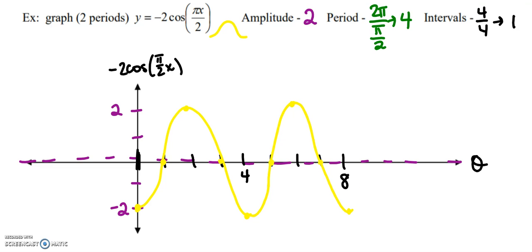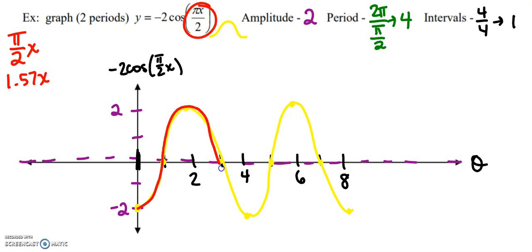Okay, now if I label more of these in between, this was 1, 2, 3, 4, 5, 6. Something I want you to notice from up here, this was pi over 2 times x, which is really 1.57 times x. Well, if I look, there's one rotation.